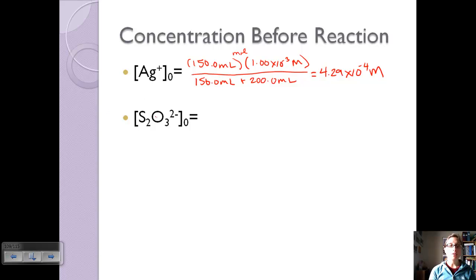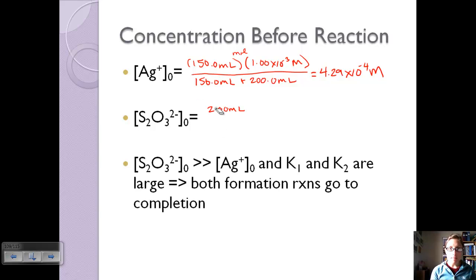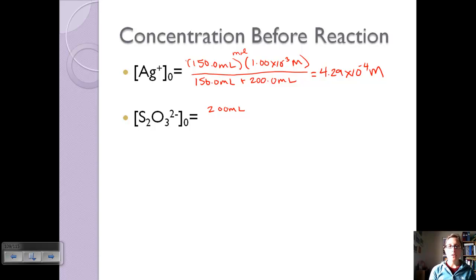If we want to find the concentration initially of our ligand, it's the same idea. We need to find the moles first. So we had, not 200. Let's just erase that real quick. So we had, okay, 200 milliliters of that, and it was a 5 molar solution, I believe. And then we've got the same total volume, so this looks like 350 milliliters.